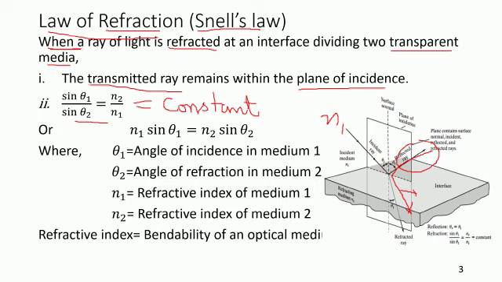Again you draw a normal at the point of incidence, so this incident ray is making some angle, and that angle we now label as theta i or theta 1, and the light which goes into the second medium, which is called the transmitted ray, also makes some angle over here different from the angle of incidence. This angle is called theta t, t for transmission, or this is also labeled as theta 2.